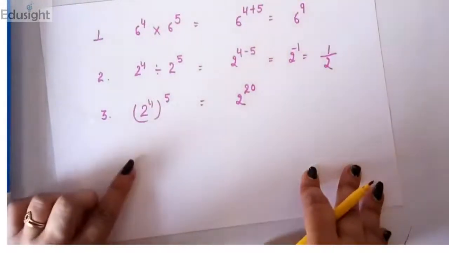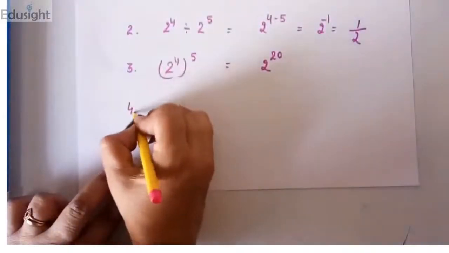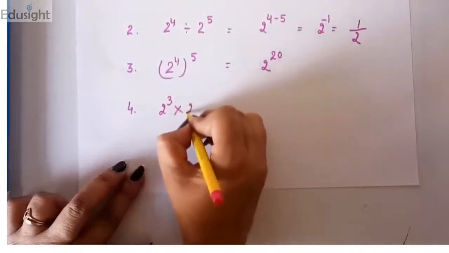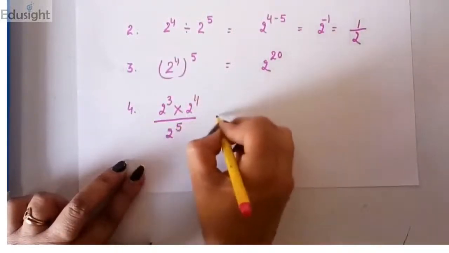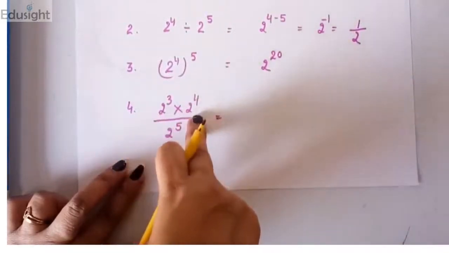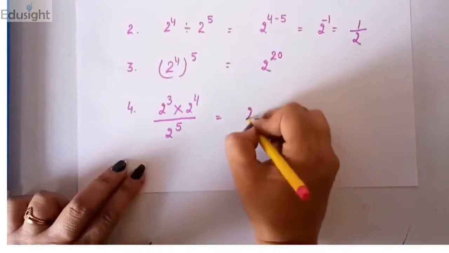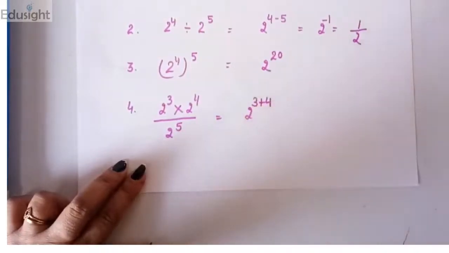Now let's do one more example. 2 raised to power 3 multiplied by 2 raised to power 4 over 2 raised to power 5. Here these two are in multiplication and this one is division. So what do we have to do? In multiplication you have to add the powers, so we'll write 3 plus 4.